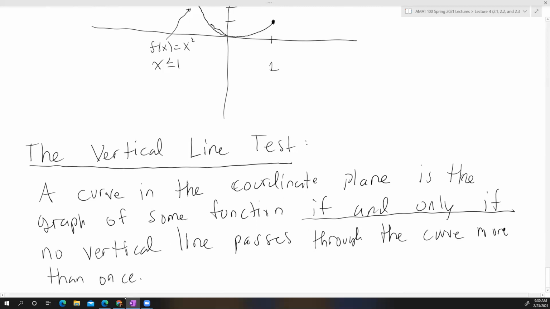So it can intersect the curve at most at one point, or maybe at no points at all.